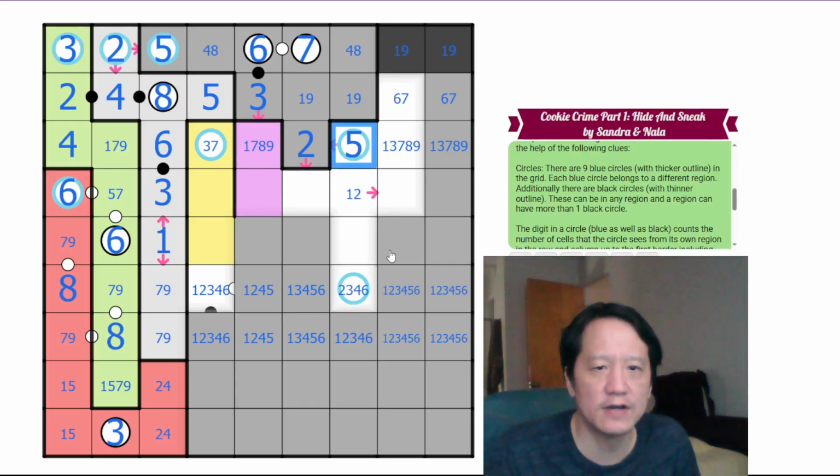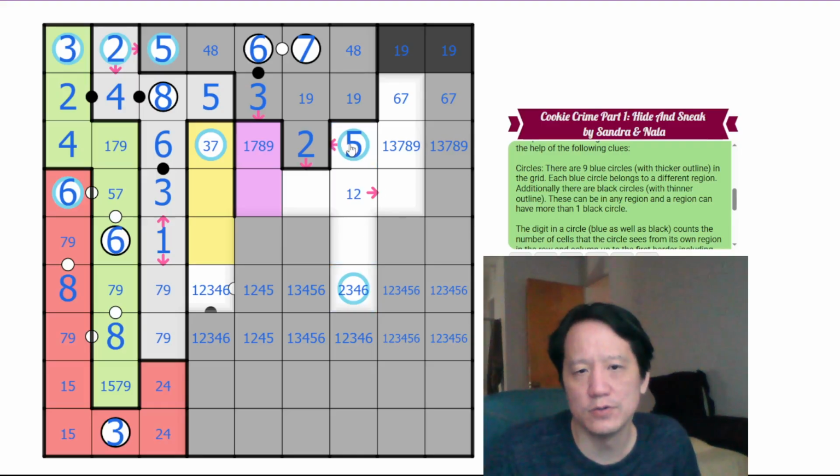This sees 5 cells, and it cannot see past this circle because then you would have 2 blue circles in a region, which is not allowed. So this must see this way and that way, and it's part of this region then.